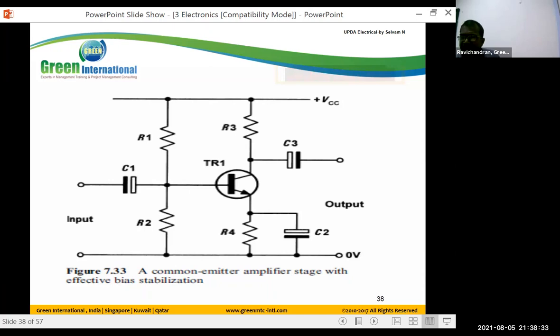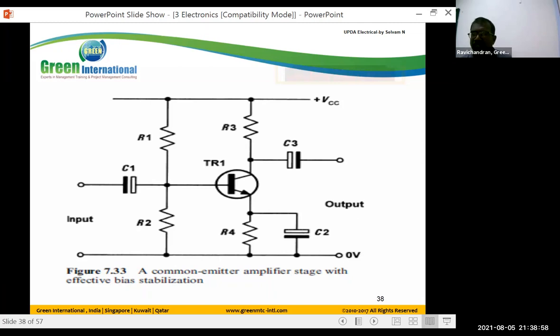Earlier they mentioned CE. In the common emitter configuration, which capacitor is used to bypass the unwanted signal? They may ask this question. So usually this is called the bypass circuit. CE, and this is RE.